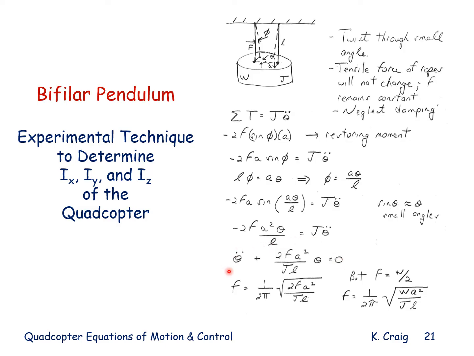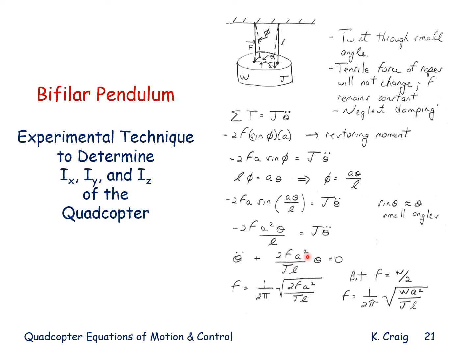Since this is a second-order ordinary differential equation with constant coefficients, I know from my study of differential equations that this expression is the natural frequency of vibration of this system, the natural frequency of oscillation, in radians per second. And this expression is the square of the natural frequency in radians per second.